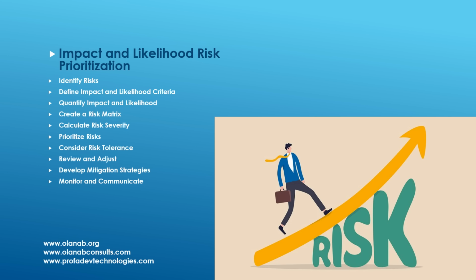Implement a monitoring system to track the effectiveness of mitigation strategies, regularly communicate the status of risks to stakeholders, and be prepared to adjust strategies as needed. Remember that risk management is an ongoing process, and it is important to be proactive in identifying, assessing, and addressing risks throughout the life of a project or operation.